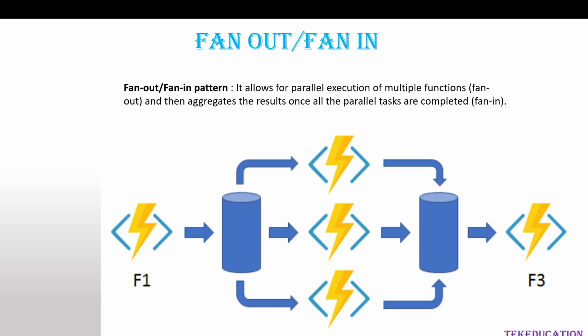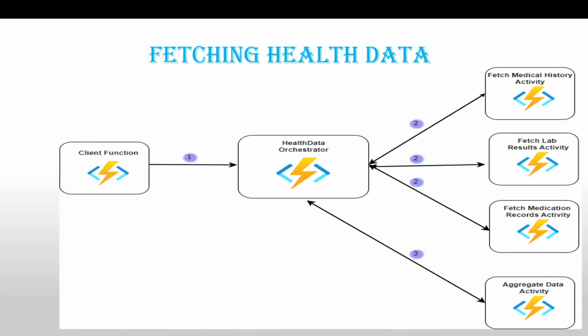Now let's understand in a little more detail with the help of a use case. Consider a use case in a healthcare system where you are fetching data from different sources. That information could be the medical history of a patient, lab results of a patient, and finally the medication records of the patient. Now the flow is, the client function will invoke, as usual, the orchestrator function.